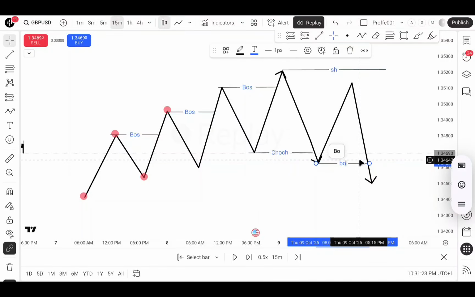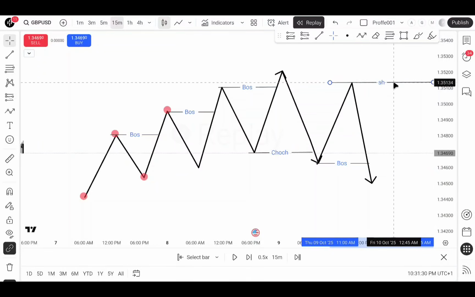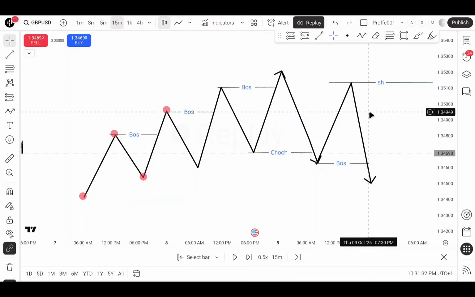Break of structure. And then we update our swing high. Simple, right? Just the same thing over and over again. It doesn't change. The same strategy. If you can follow this pattern successfully, then your journey to profitability will not be that difficult.